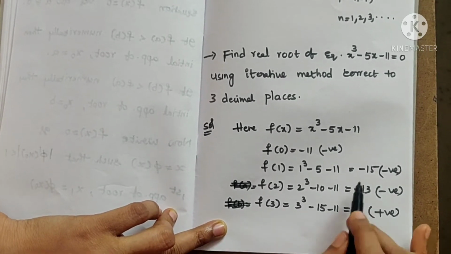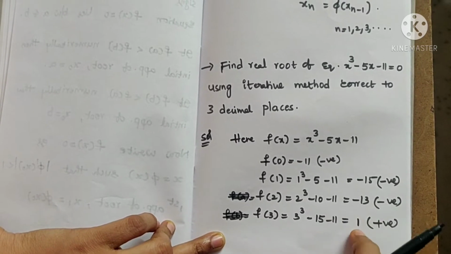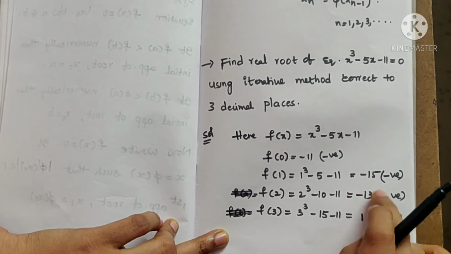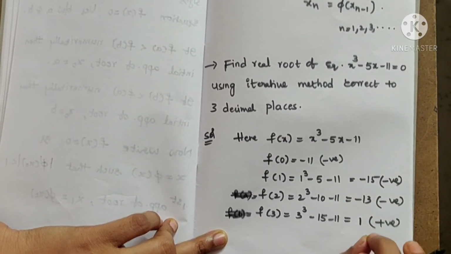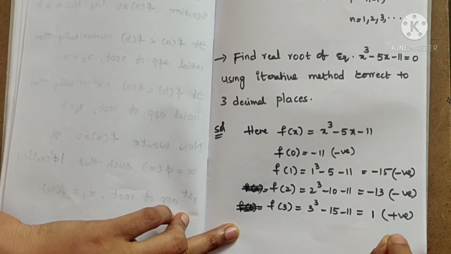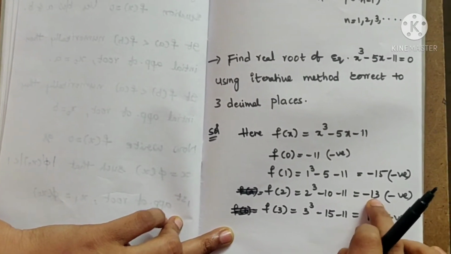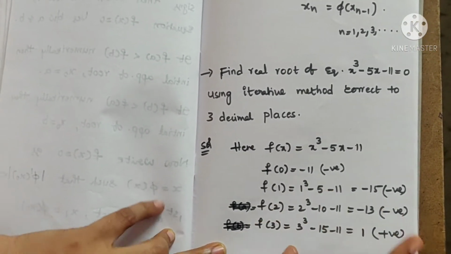You have to compare the numerical values of these two. The numerical value of 1 is 1, the numerical value of minus 13 is only 13. So neglecting the signs, consider only the numerical values. Clearly 1 is less than 13, which means f of 3 is less than f of 2.